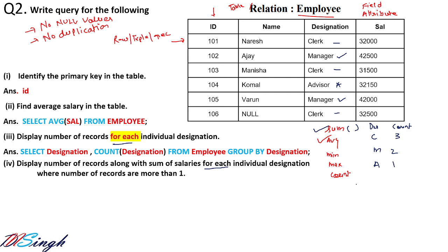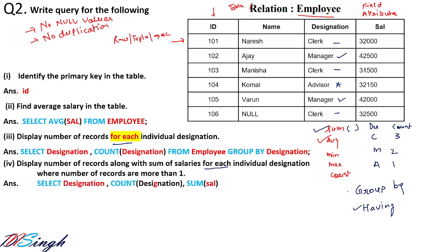Now, for putting a condition on a group by clause, the condition is provided by the having clause, not by the where clause. So you have to remember that. If you are grouping based on some column, which clause do you have to use? The having clause to apply the condition. Let us see the answer.